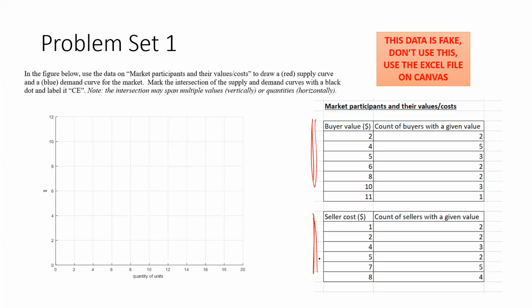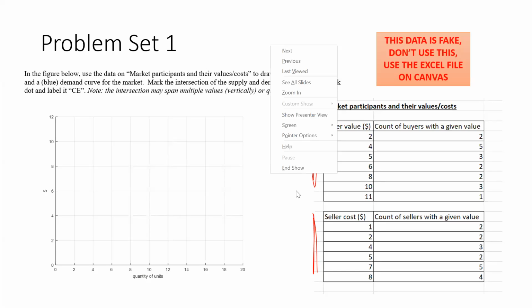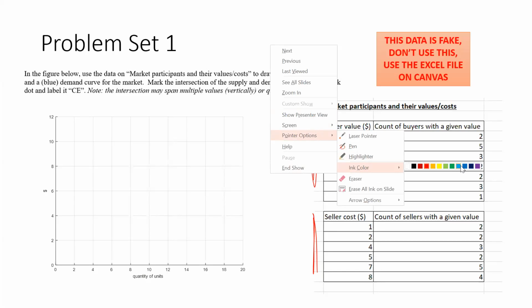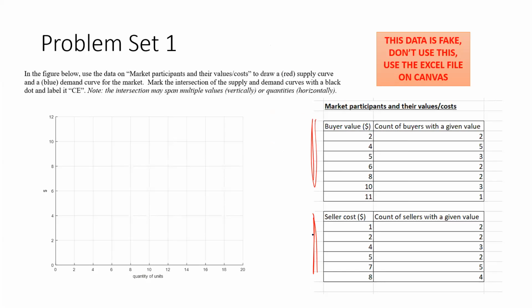And so at higher than $11, nobody wanted to buy anything. So I put a vertical line going from 11 up because no one wanted to buy it. And then at $11, I put a horizontal line going out to x equals 1.